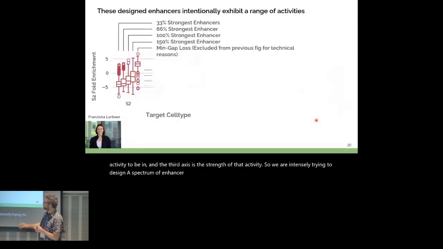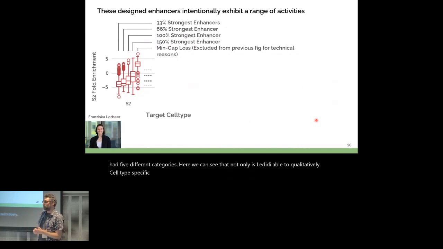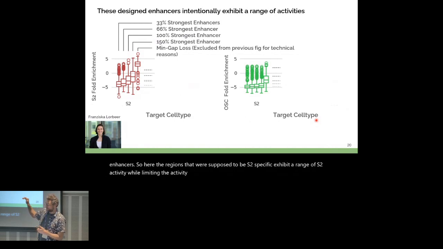And when we group the regions by that label, we had 5 different categories here. We can see that not only is Ledidi able to qualitatively design cell type specific enhancers, but it is able to quantitatively define the strength of those enhancers. So here are the regions that were supposed to be S2 specific, exhibit a range of S2 activity, while limiting the activity in OSCs, which are in green here.